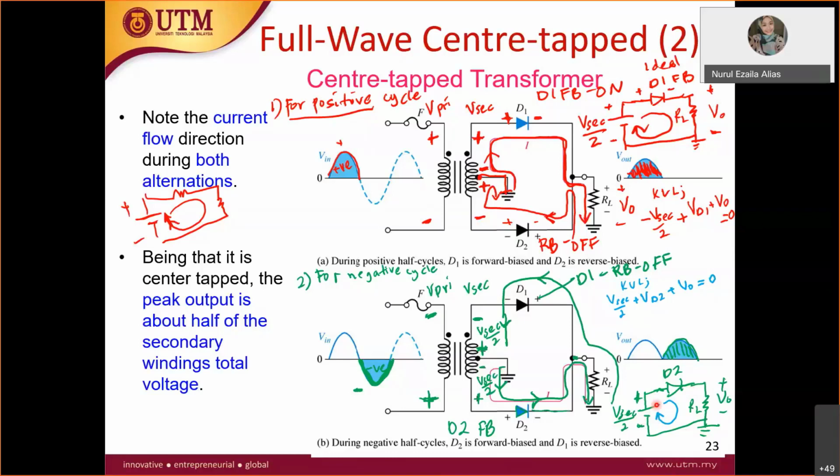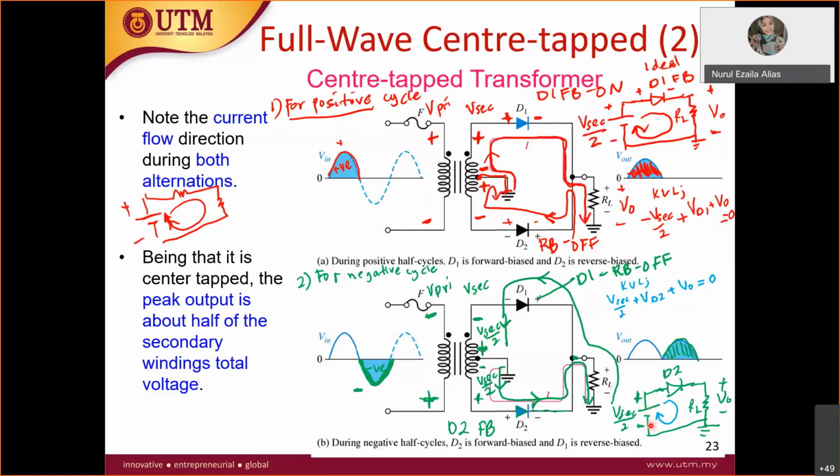This is your loop, and then you apply KVL. Your friend just now took the first terminal, negative first and then plus. Just now I took the second terminal. It could be the negative terminal first, it doesn't matter, it's the same thing.